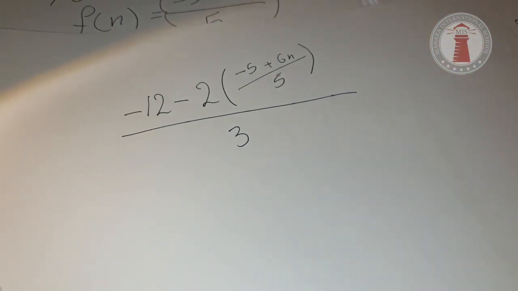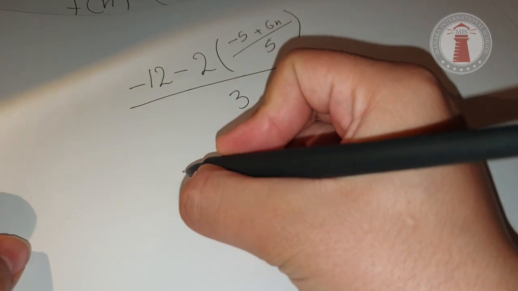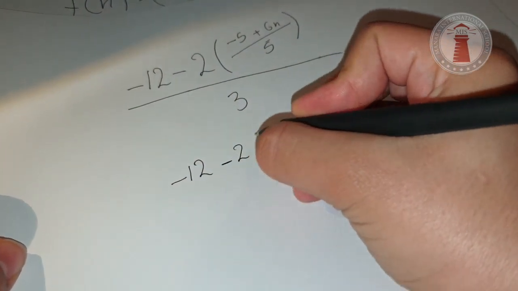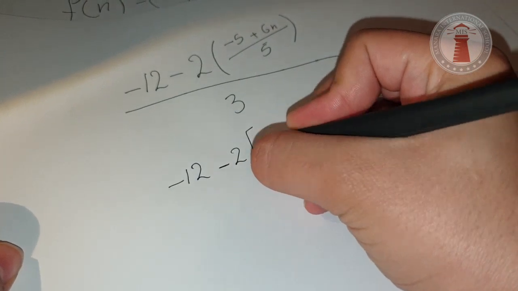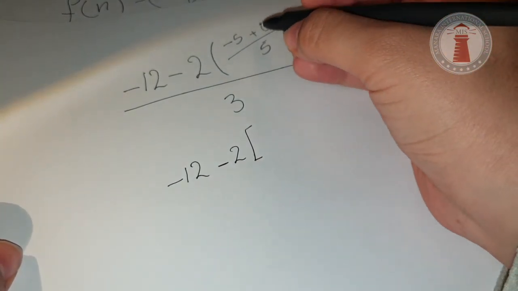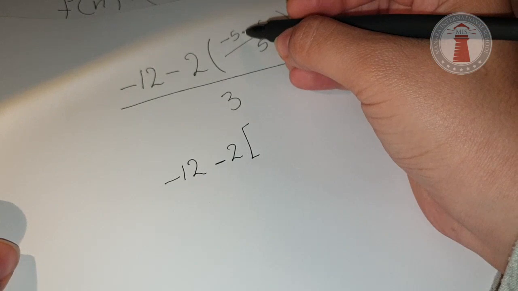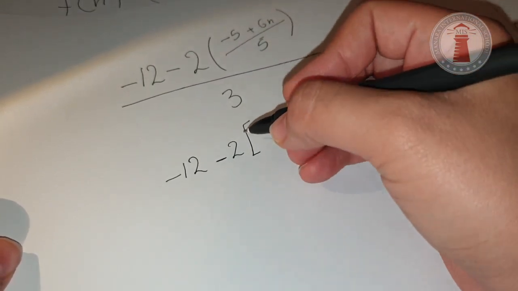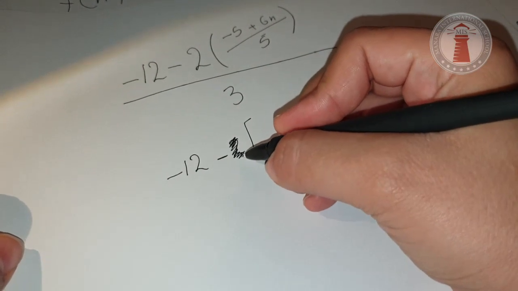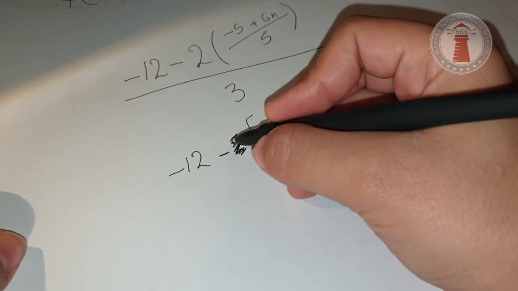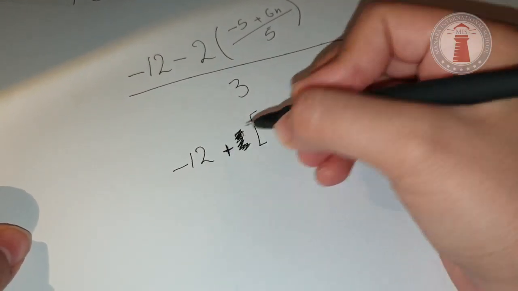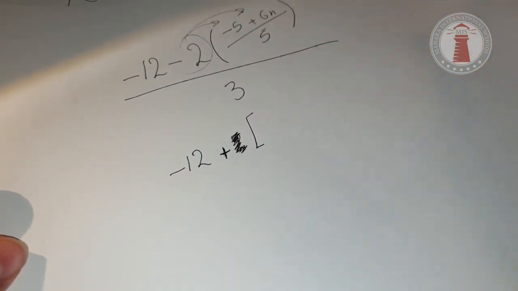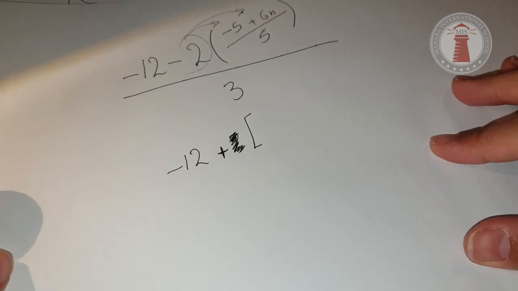Okay, here let's just simplify this. We get negative 12, negative 2. Now what is inside the bracket, let's just multiply this right away with the negative sign. So this becomes positive, and we'll multiply this into both terms inside.